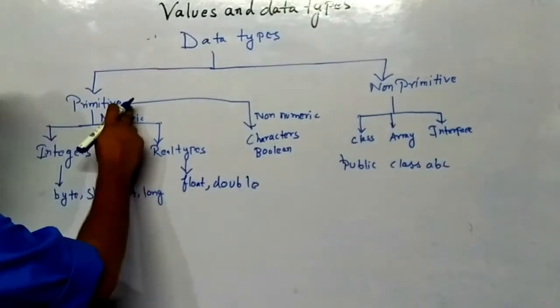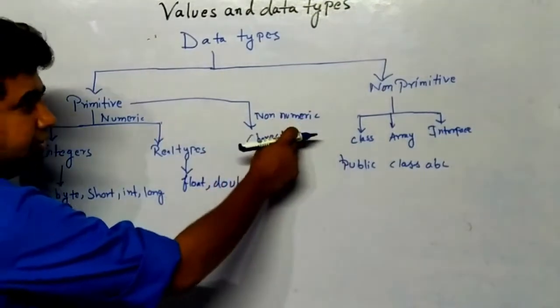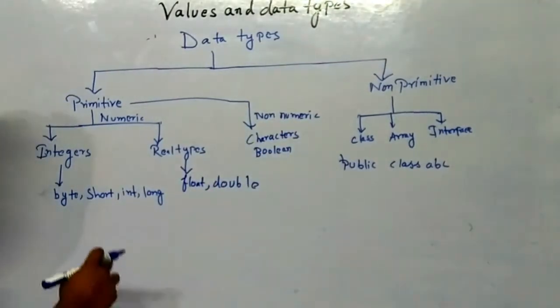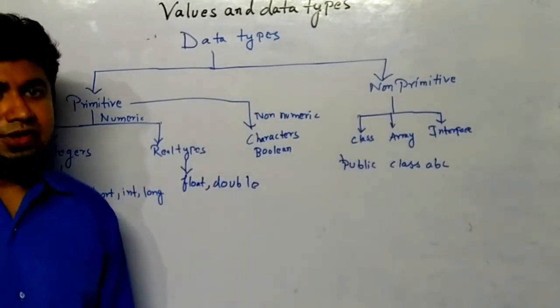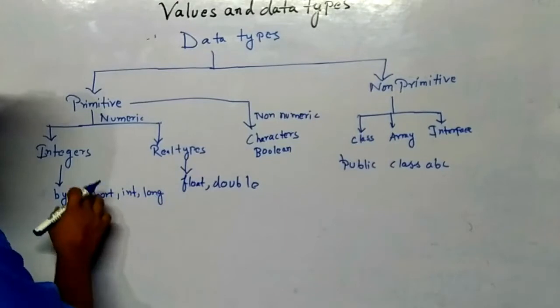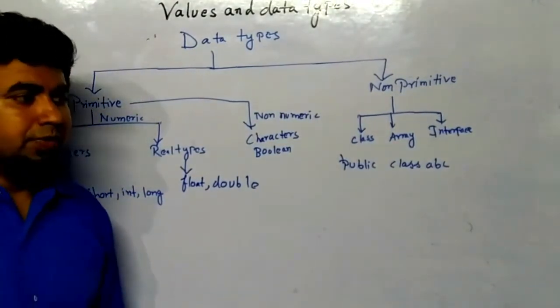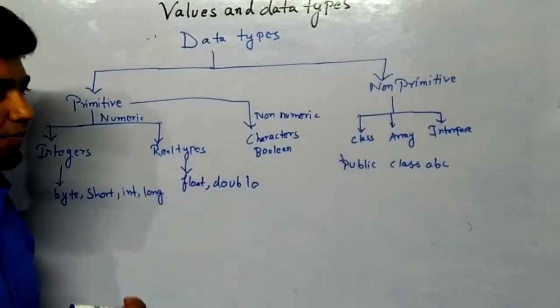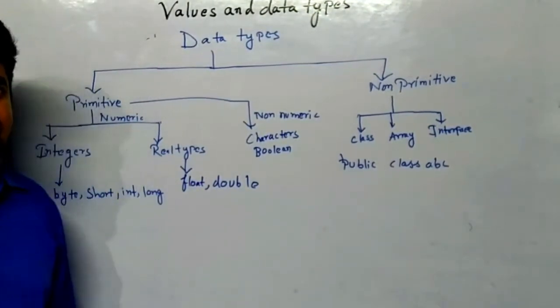As I told, primitive has been divided into two parts, that is numeric and non-numeric. First we are discussing numeric, in which it will be only integers or of real type. Integers means it will have no floating part, and real type will have a floating part, means after the decimal point there will be certain digits.